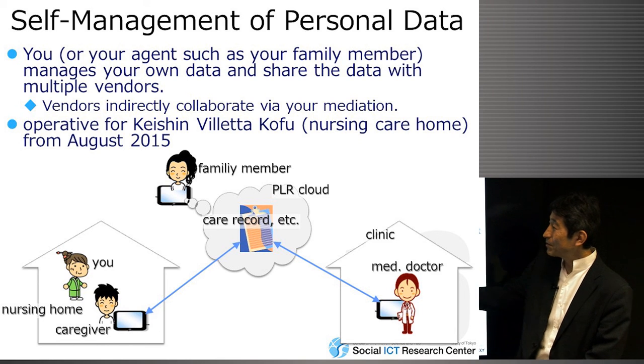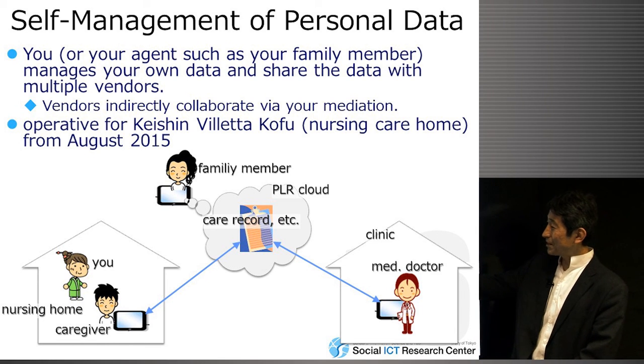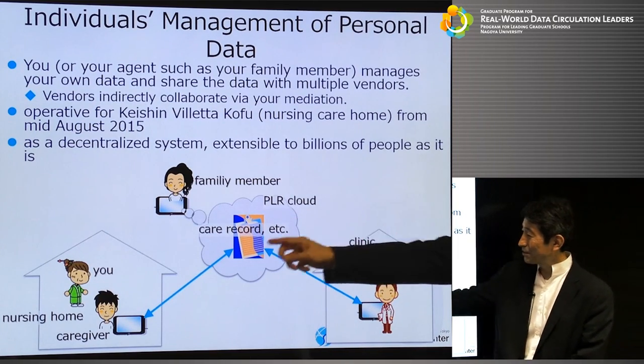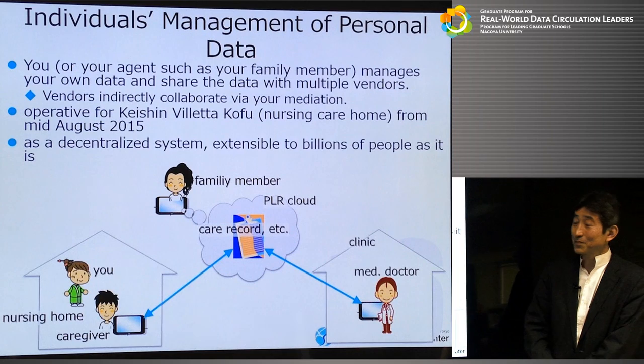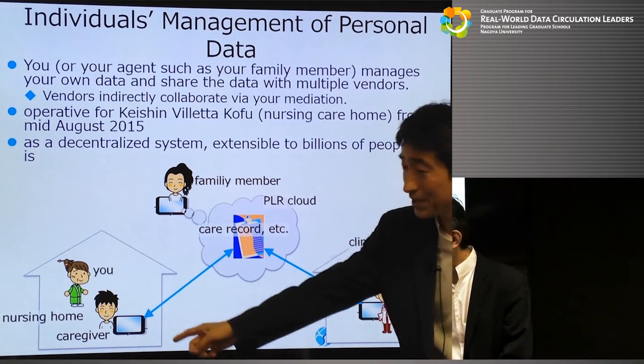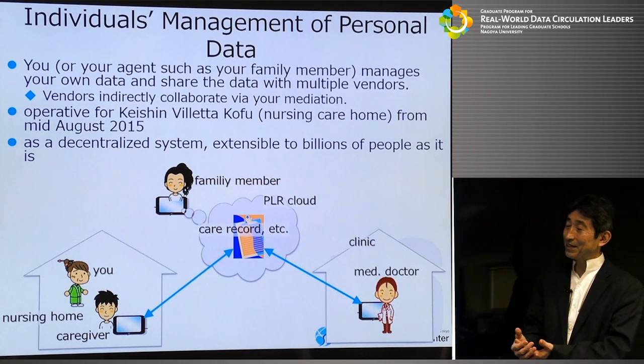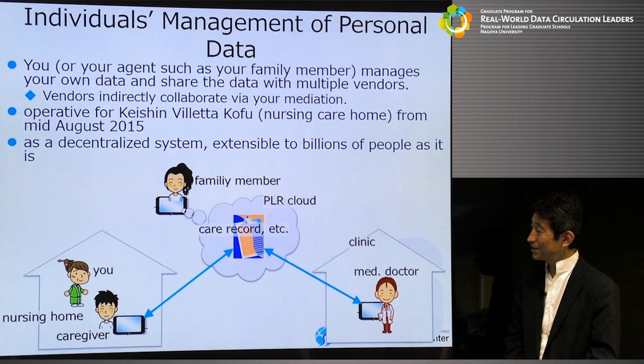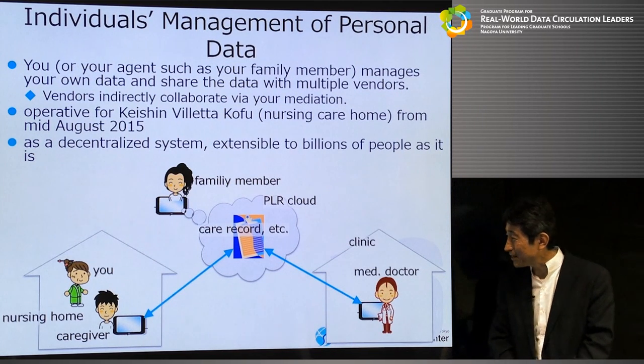And her family member discloses the data she manages back to the nursing care home so that the care home staff can further write into the care record after that as well.